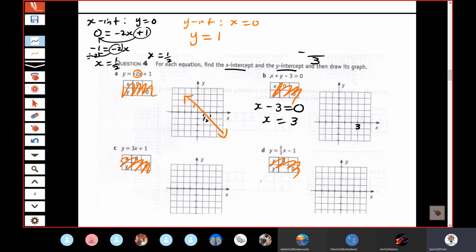So you'll let your x become 0. If x is 0, you're left with y take away 3 equals 0. So then y equals 3 as well, because you're going to bring this over. 1, 2, 3. And then what do we do now? Draw the line. Draw the line that goes through those two numbers. You have just graphed x plus y take away 3 equals 0.